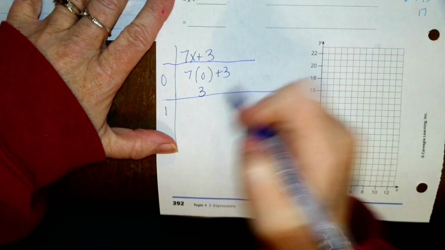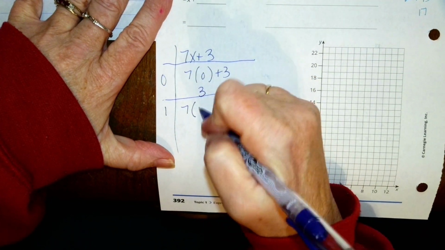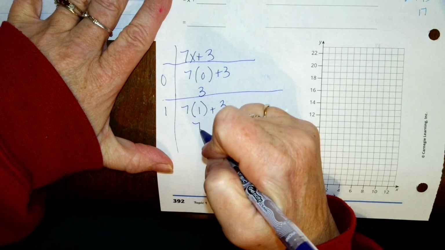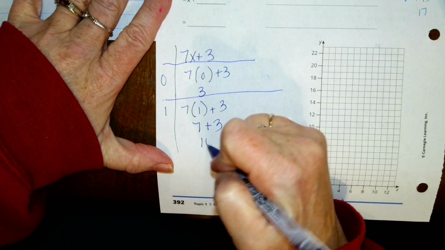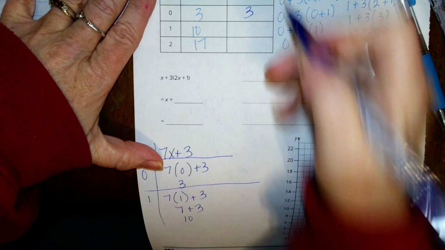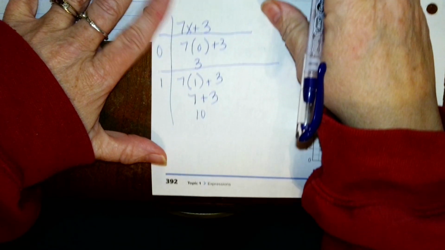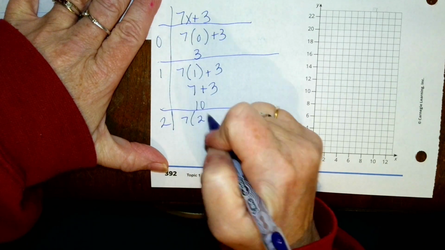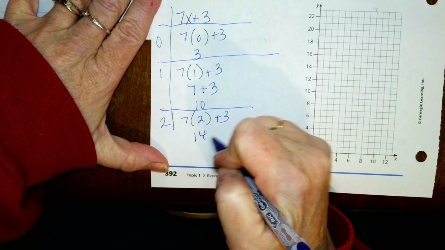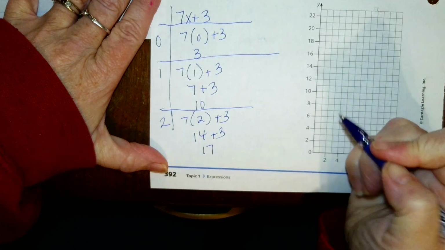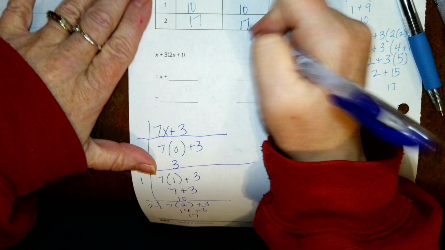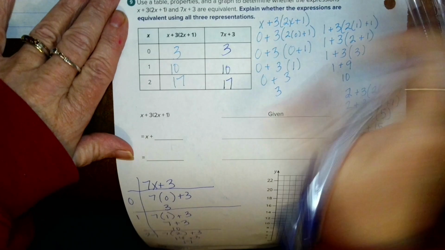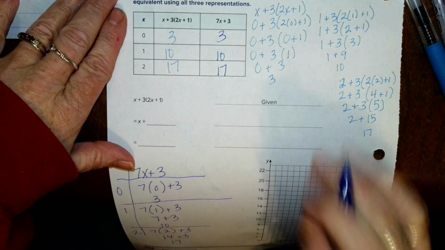Next we had 1, so it's 7 times 1 plus 3. 7 times 1 is 7, plus 3 is 10, which is what we had on the other. And then for the number 2, we have 7 times 2 plus 3. So we have 14 plus 3. We have 17, which is also what we had here. So far, those expressions look to be equivalent.